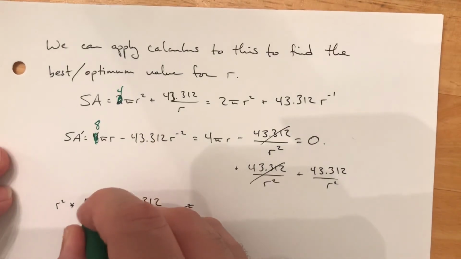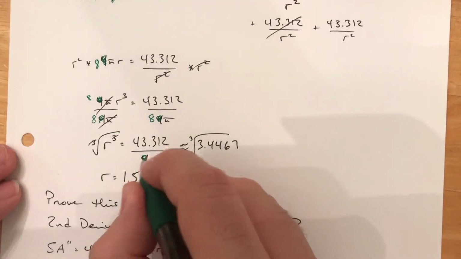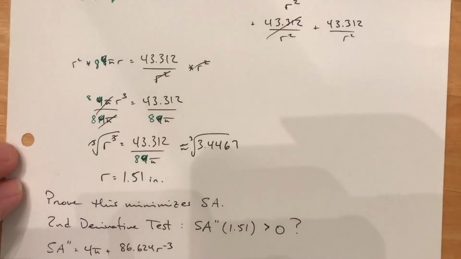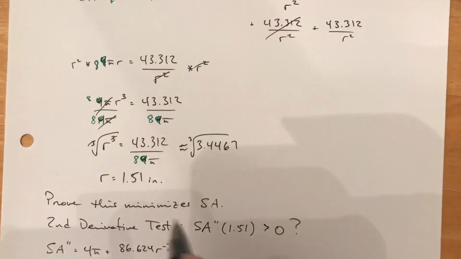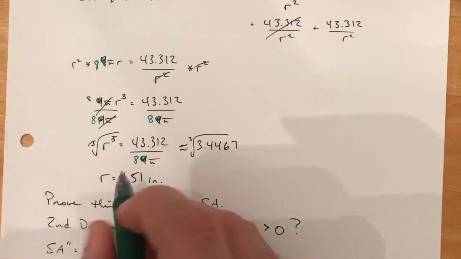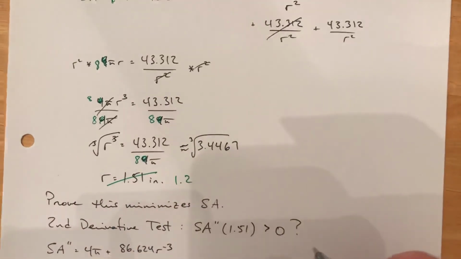And when we propagate that change through our algebra, we get instead, let's see, a radius of not 1.51 inches, but about 1.2.